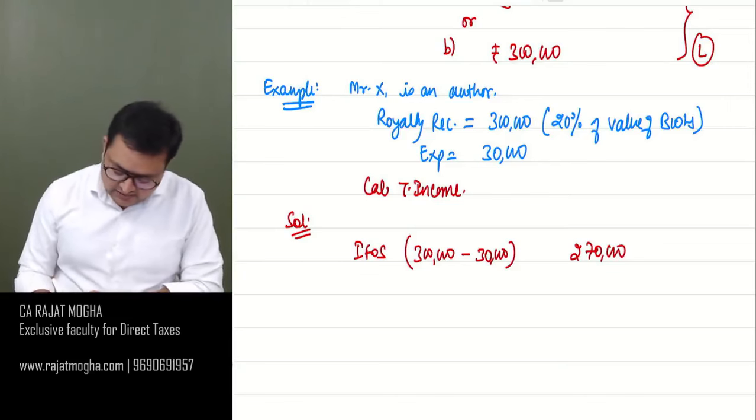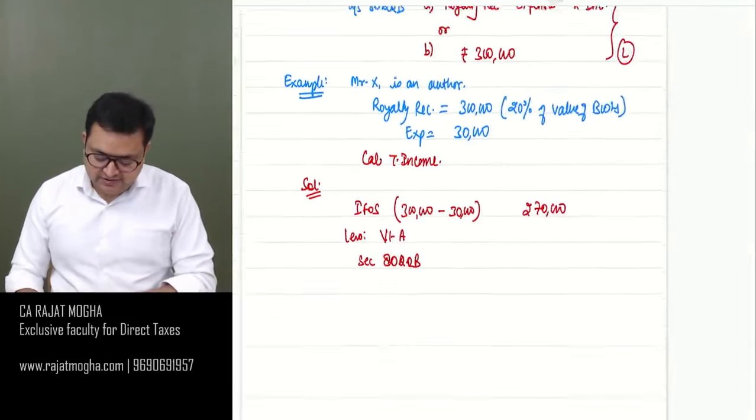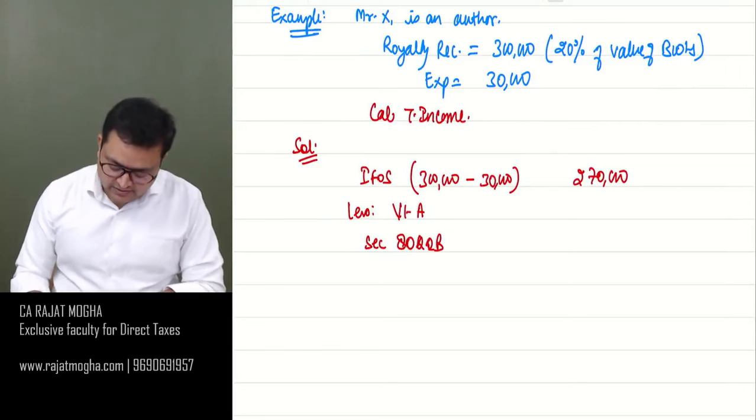Then now let's go to chapter VI-A deductions and apply section 80QQB. What is 80QQB? A, your royalty received minus expenses.